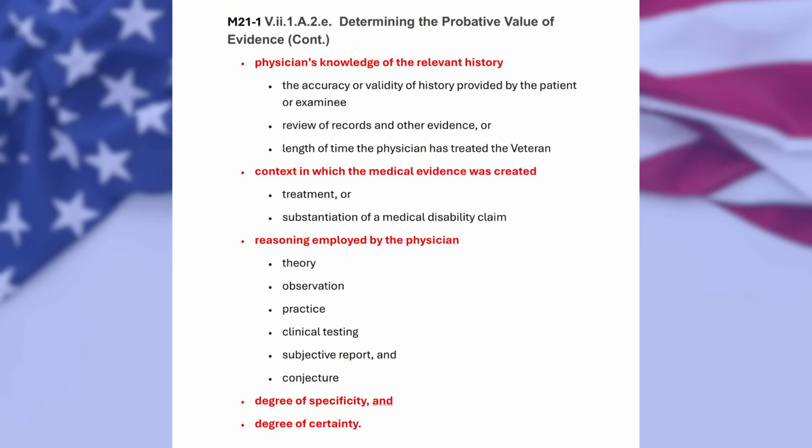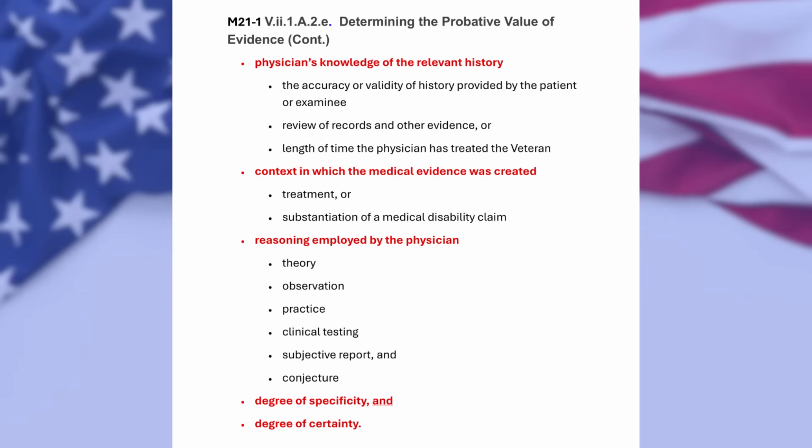Context in which the medical evidence was created. Treatment, okay? Reasoning employed by the physician. Theory, observation, clinical testing, etc. Degree of certainty, all right? So there's a lot here, all right? There is a lot here. This is where I'm taking you.